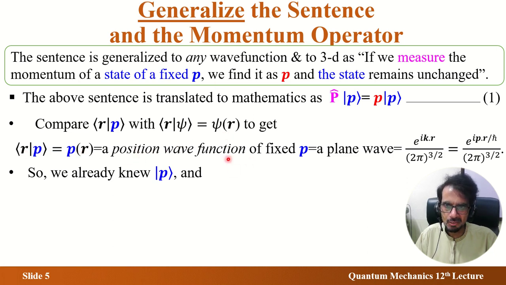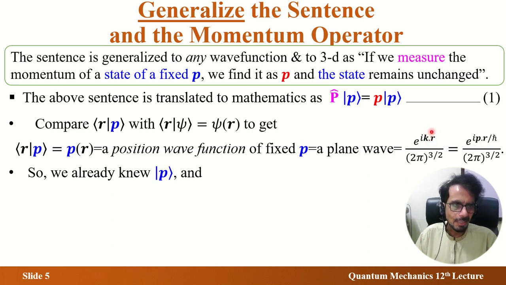So you know what that is? Position wave function of fixed P, one wavelength, one momentum, the de Broglie relation says, means one wavelength. And what is that? That's a plane wave. And the expression for the plane wave, which I showed in the previous slide, has minus iota t, but because we eventually differentiate with respect to position only, minus iota t is not needed and space is less, so I don't show that.